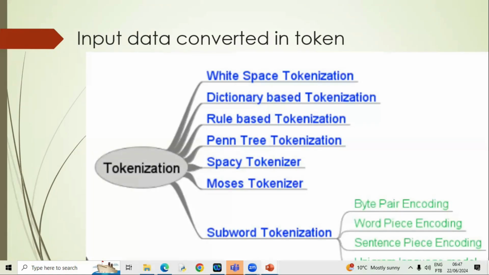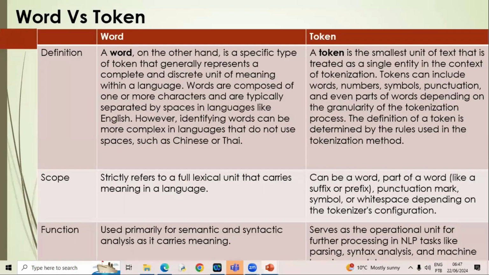So whatever we want to remove, we will remove them. And then spaCy tokenization, if there are extra spaces in the sentence, we remove that. Moses tokenization. Okay, and finally, we go for the sub-word tokenization, where we divide the word into small pieces or chunks to understand it better.